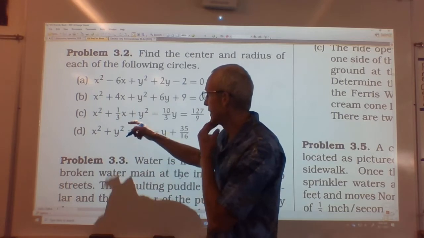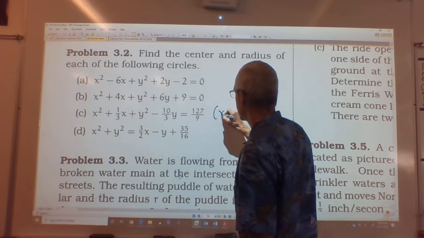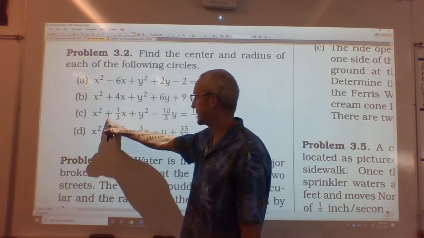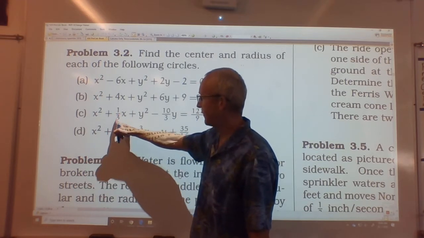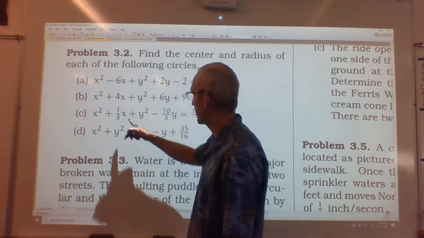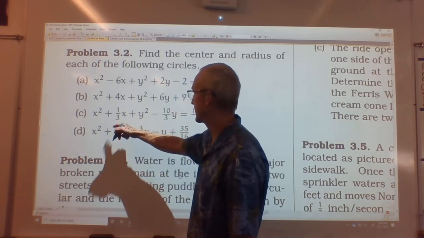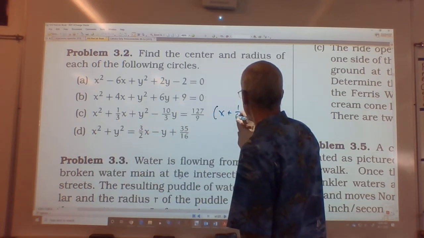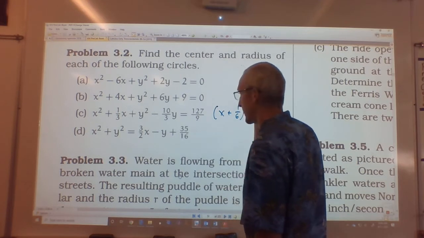So just like before, you write x, it's plus, since it's a plus sign. You take half of the number in front, the 1/3. 1/2 times 1/3 is 1/6. So plus 1/6 squared.